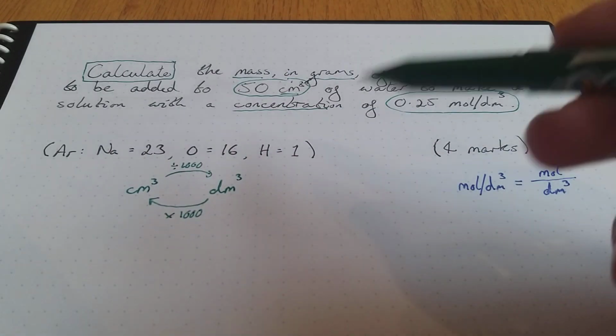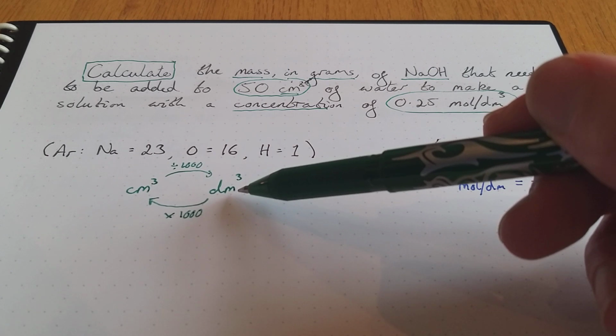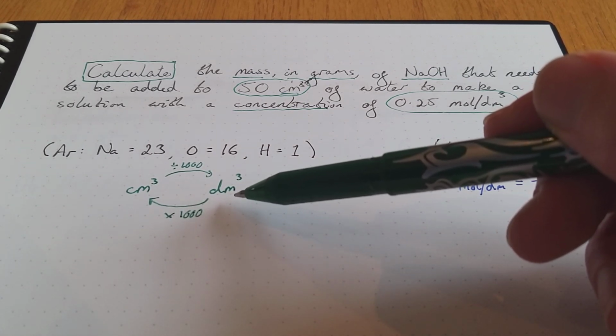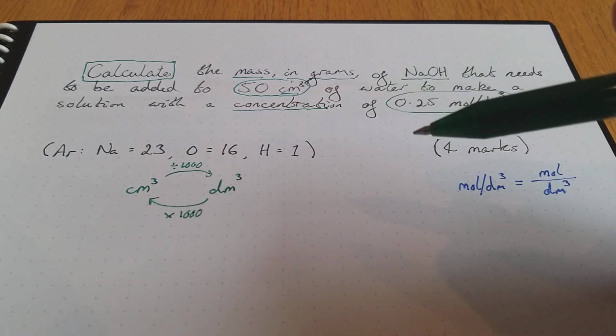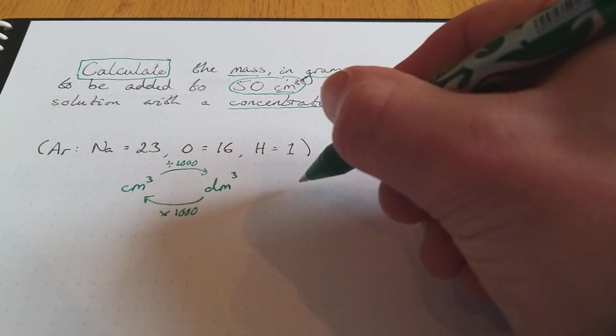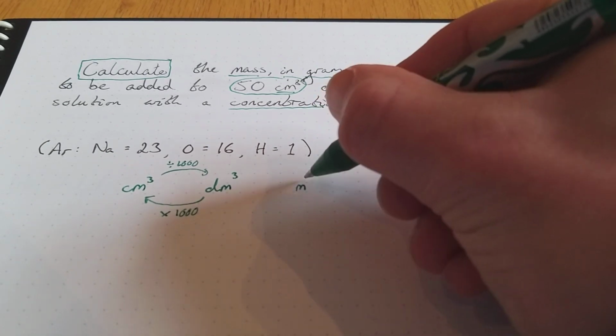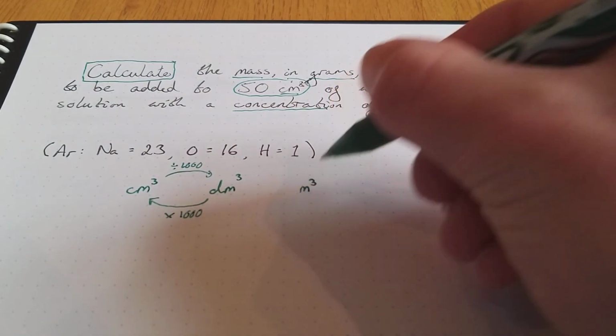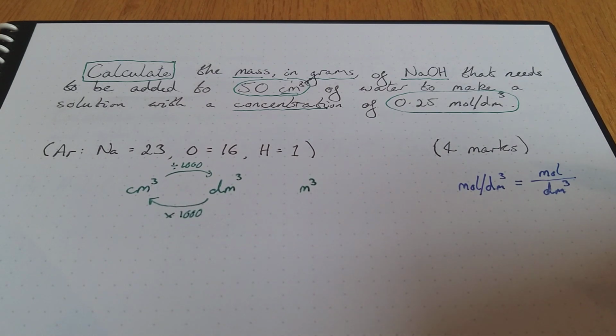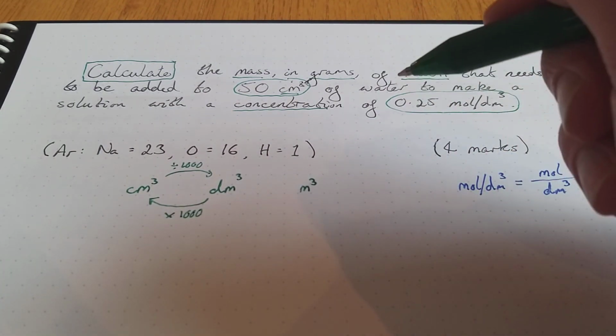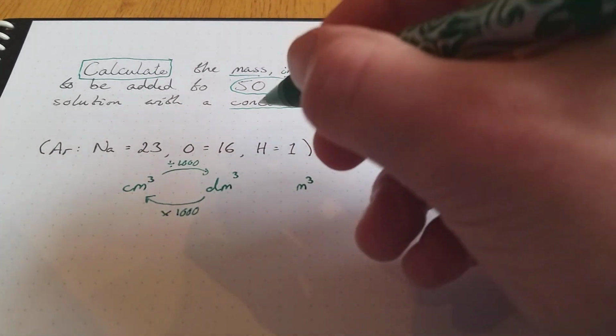Okay, so a decimeter, just to help you understand that, is 1 litre. So 1 decimeter cubed is 1 litre. Now in physics, you also look at volumes when you're calculating density in meters cubed. It's not something that we use too often in chemistry unless we're dealing with gas volumes, but that's something you'll look at A level.